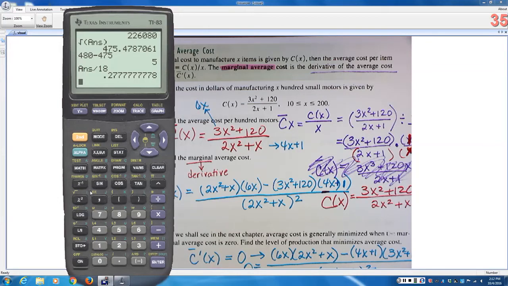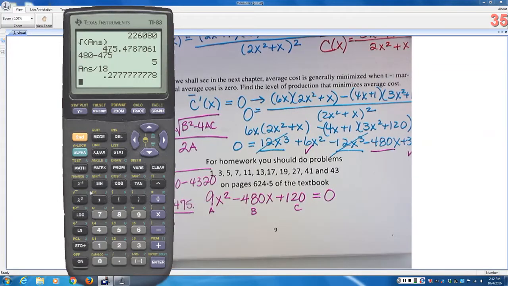No. What are you more likely to make? 480 plus 475, so about 53 or 54 items.